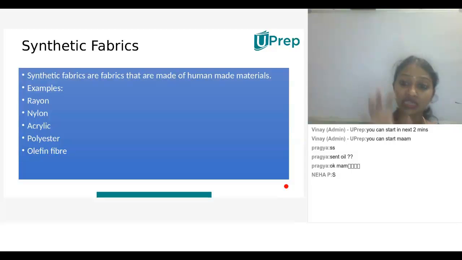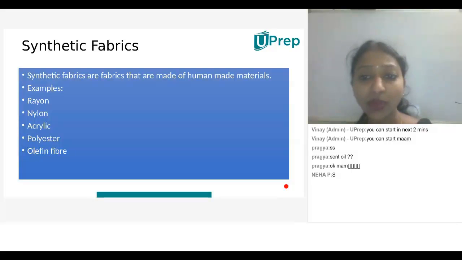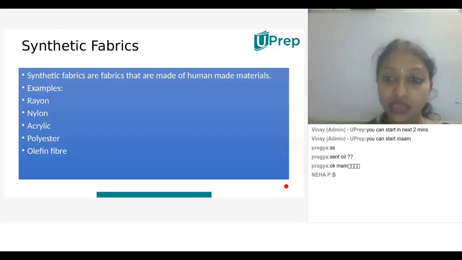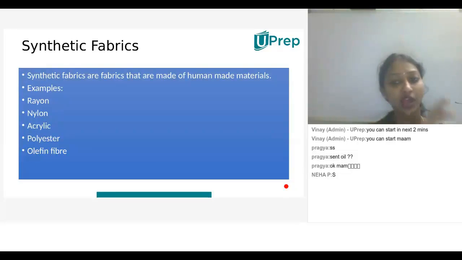When it comes to synthetic fibers, they are moth-free because insects won't be attracted towards the fabrics. Why? Because they are prepared from chemicals. That strong odor itself keeps away microorganisms and insects. Understood?